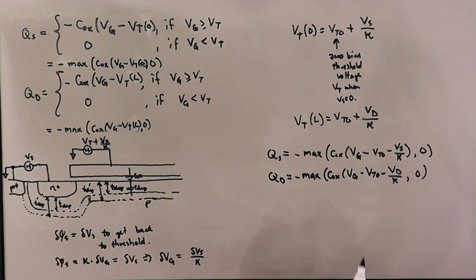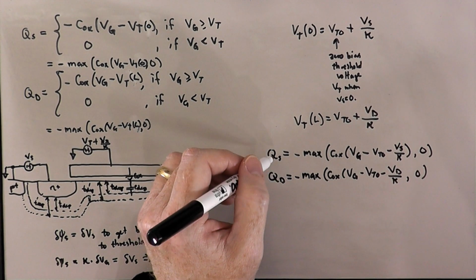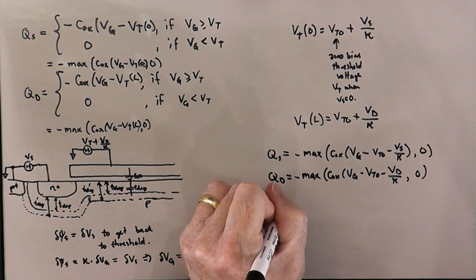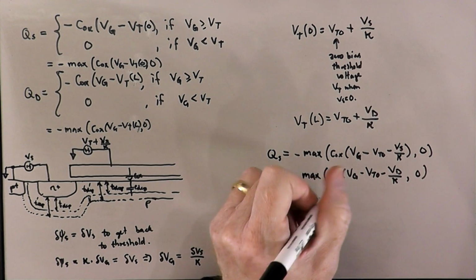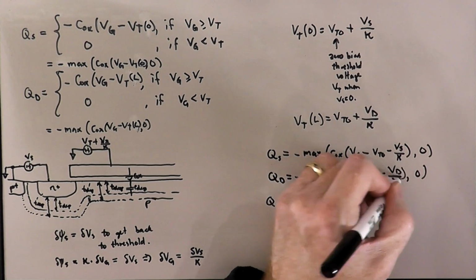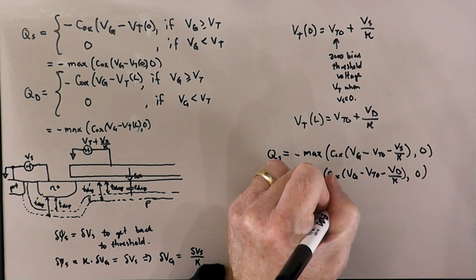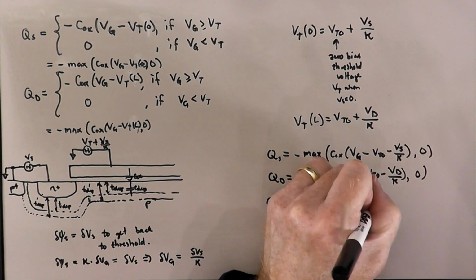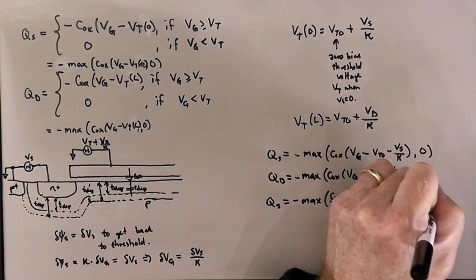Now, I'd like to do a little bit of work on these, and instead of rewriting both of these over and over again, I'm just going to focus on Qs. I'm going to factor out 1 over kappa from this term, so we have Cox over kappa times Vg minus Vt0 minus Vs and 0.